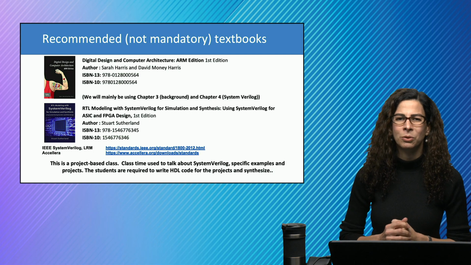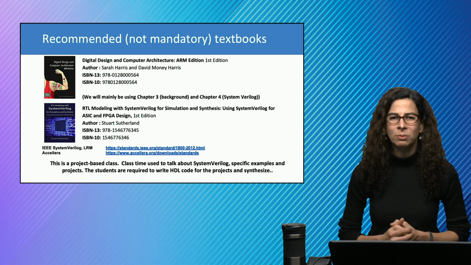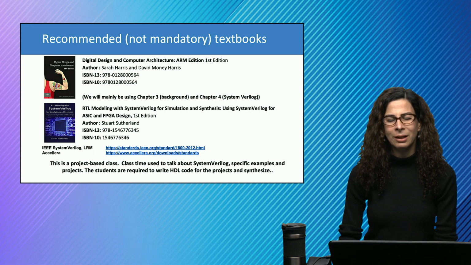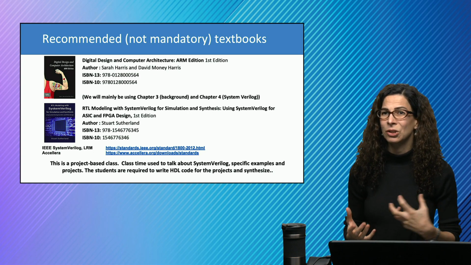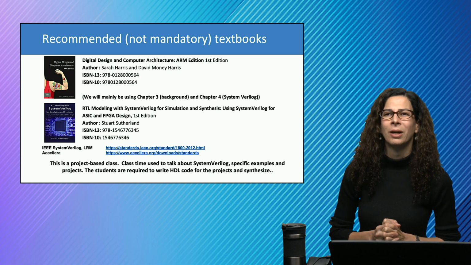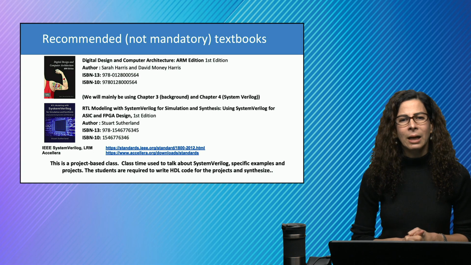The chapters we will be using in this course are chapters 3 and 4. There are multiple editions of this book. The one that has the best overview most relevant to this course is the ARM edition, but the second edition of the book by Harris and Harris is similar to that. So if you have that one, there's no need to try to get the other one.